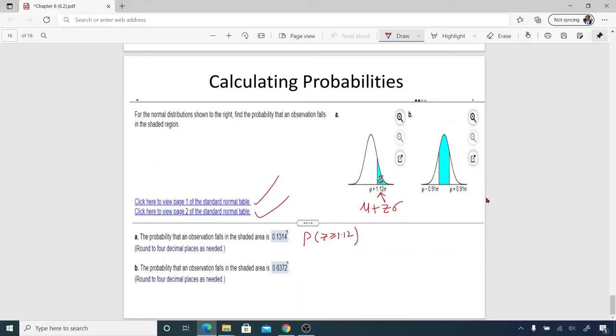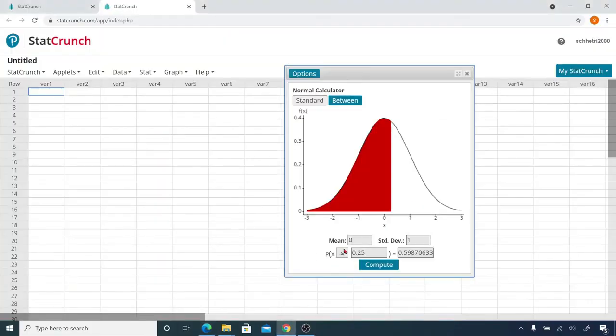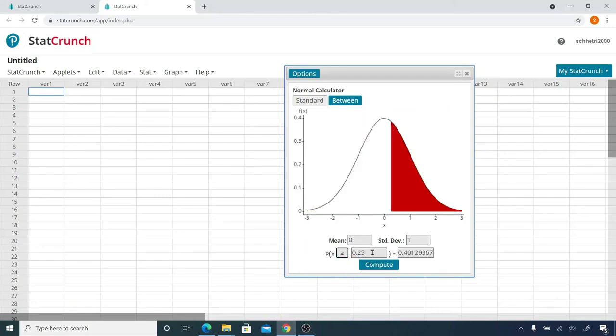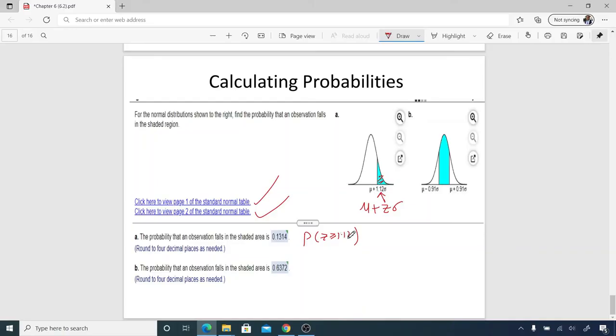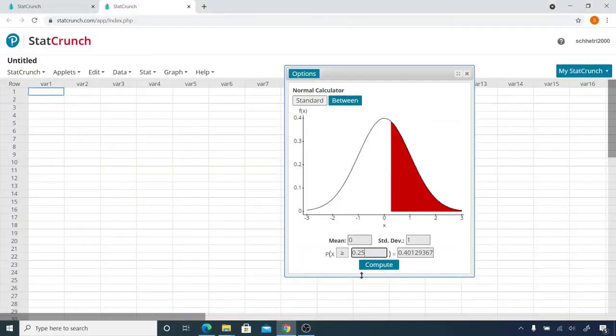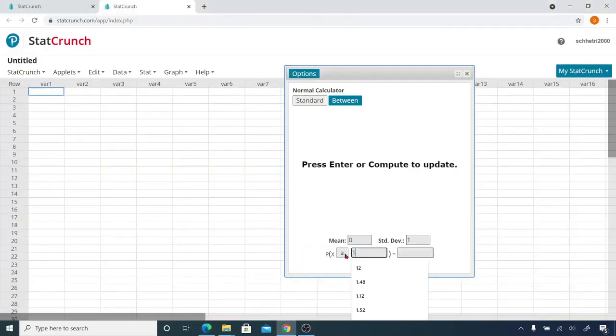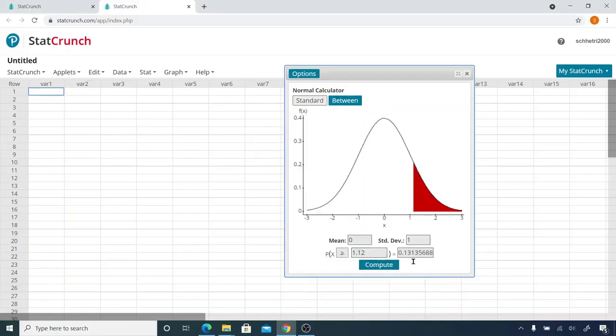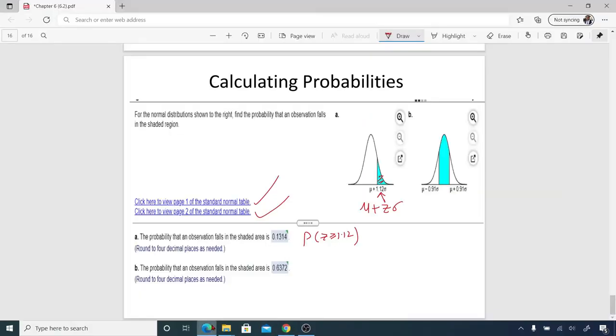In that case, I need to just switch this sign to greater than or equal to, and then you enter the 1.12. Compute, I'm getting 0.1314 in 4 decimal places.